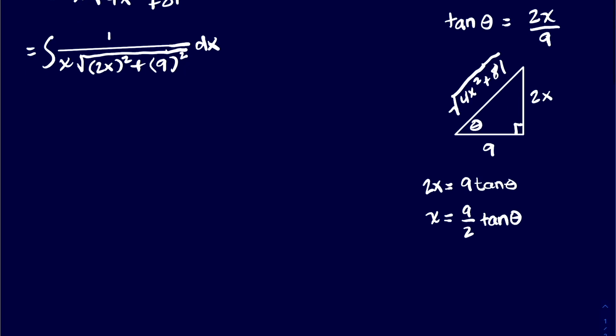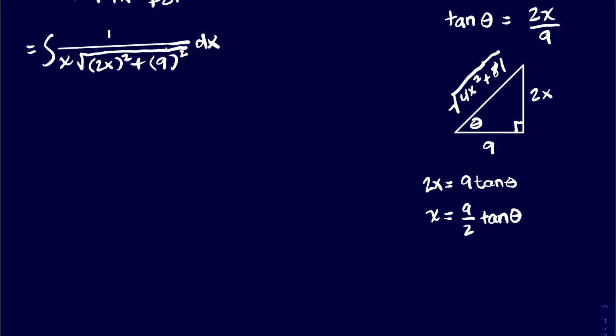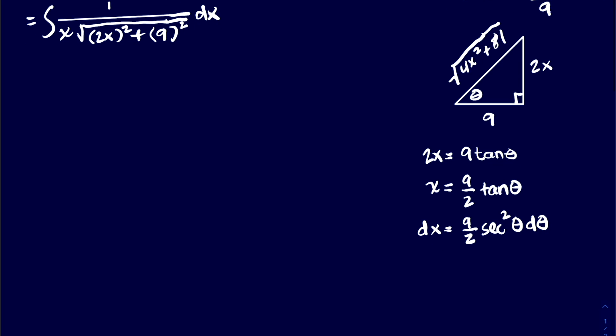And I'm differentiating with respect to theta. So I would get dx is equal to 9 halves secant squared theta d theta. Cool. And then what else am I going to need?